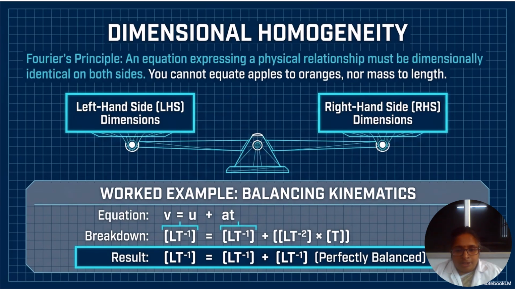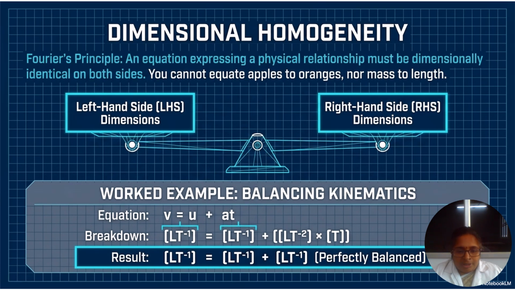U is the initial velocity, which has the same dimensions L T power minus 1, acceleration has the dimension L T power minus 2, meter per second square, and T denotes time, a temporal measurement.